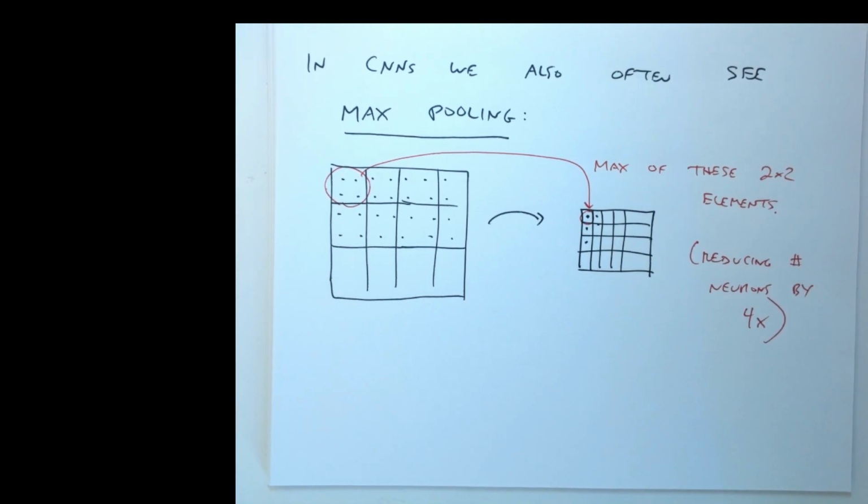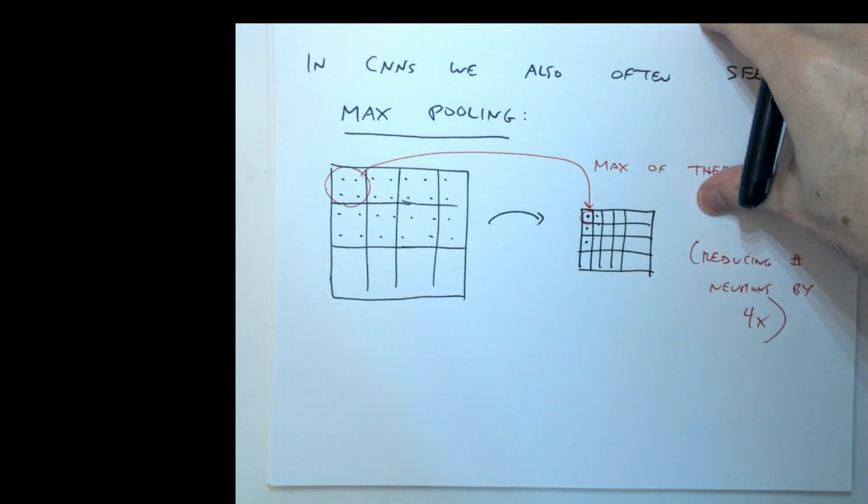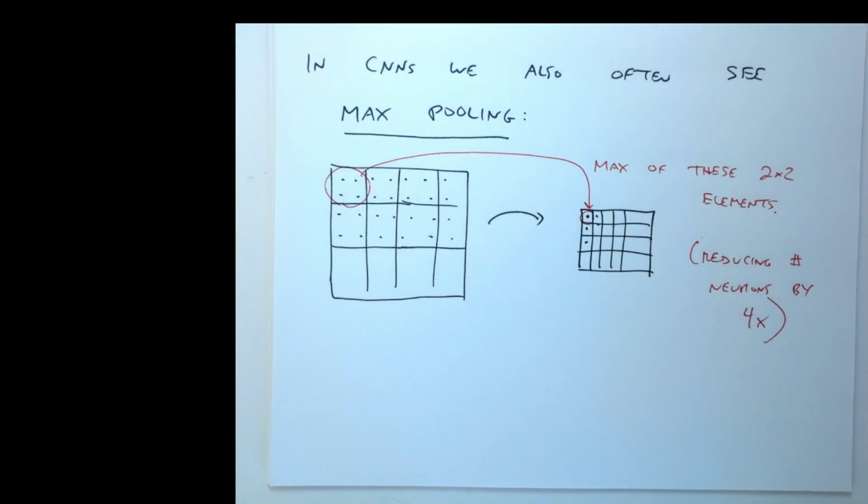And so let me just back up and say, what are we hoping for if we were to have multiple convolutional layers? The hope is that these channels are learning something useful to help us with classification, for example.